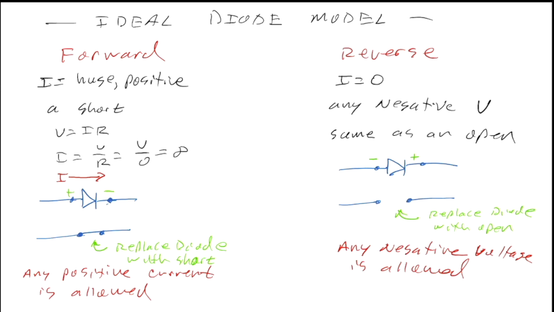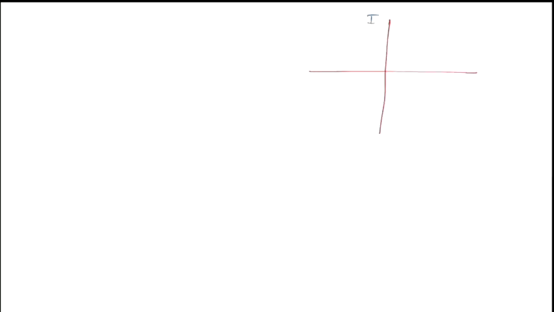So if we look at the IV characteristics of that, what we have is a device which can allow any negative voltage and any positive current.